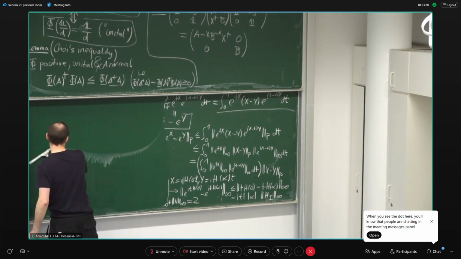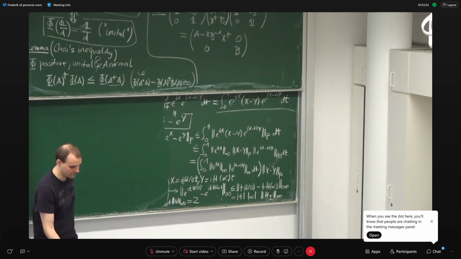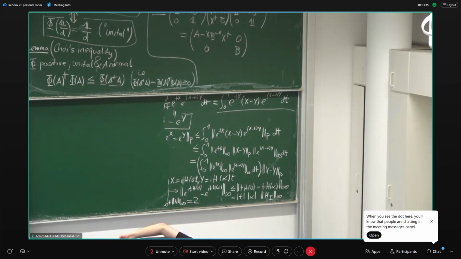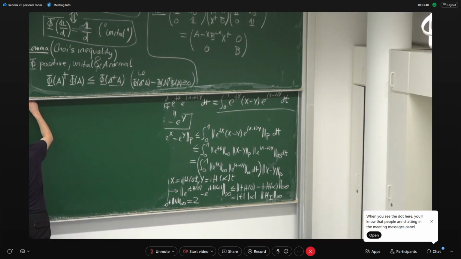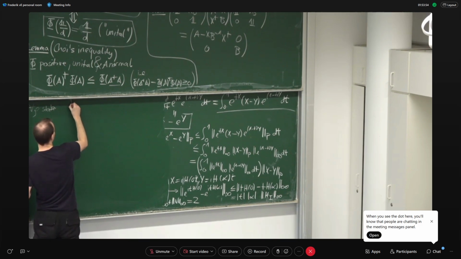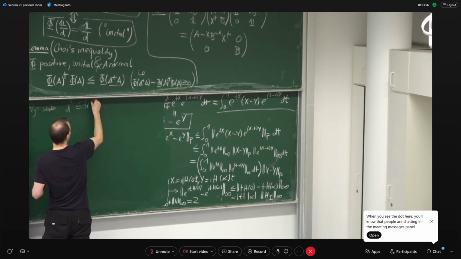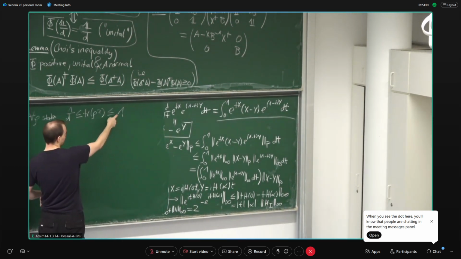For that, I'll use a very basic fact about the purity, which is that for all states, the purity is always between 1 over d and 1, right? For all states. So I set these bounds. And this is satisfied for pure states.